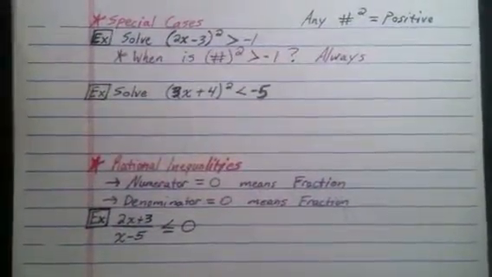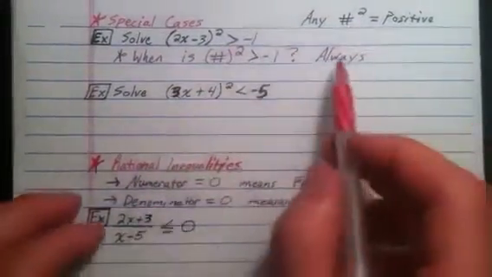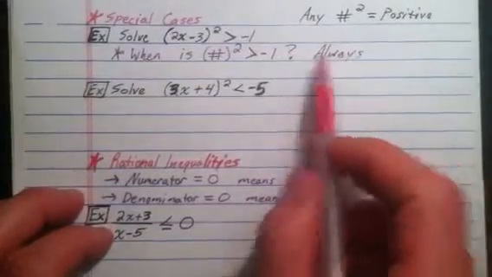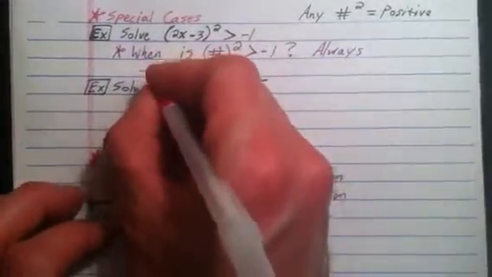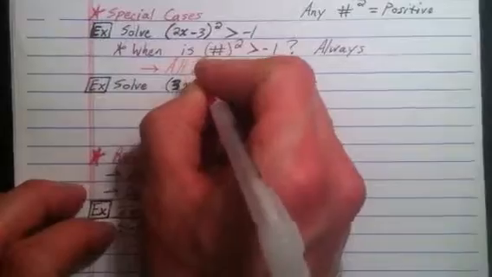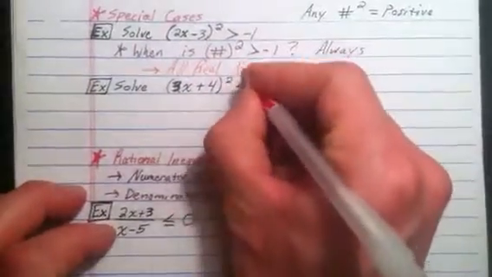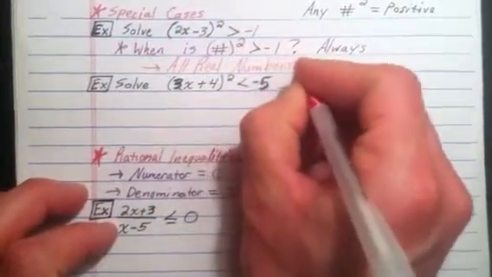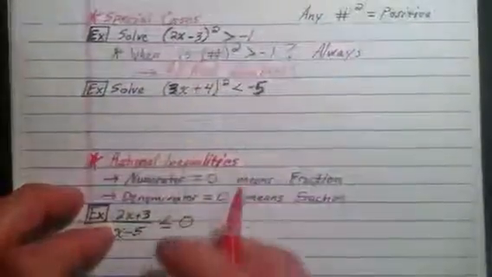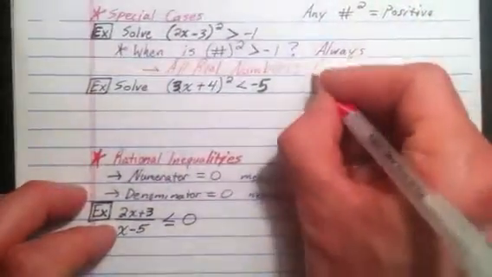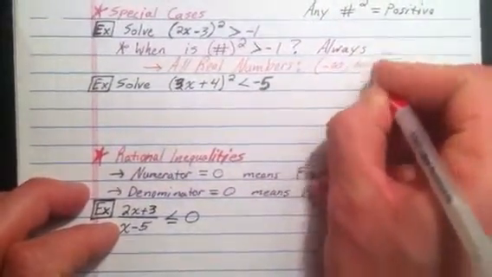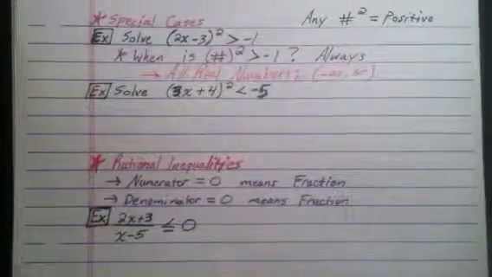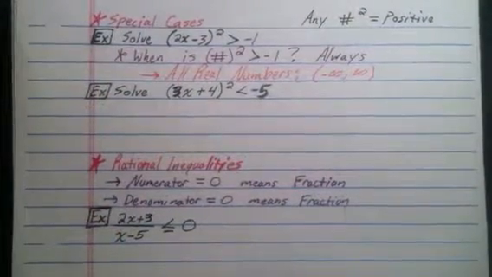So our solution set wants us to say what x values. How do we say always, any x value? We can write that as all real numbers, is how we say that in words. But how we say that in interval notation is negative infinity to positive infinity. So that's one of the special cases.